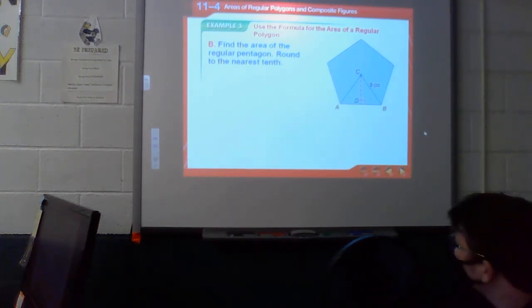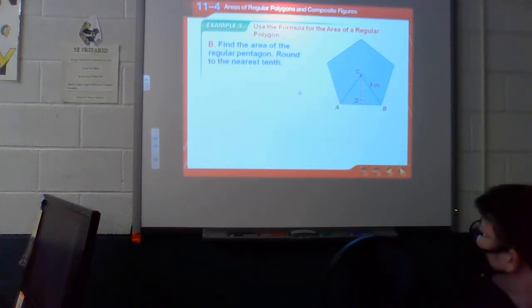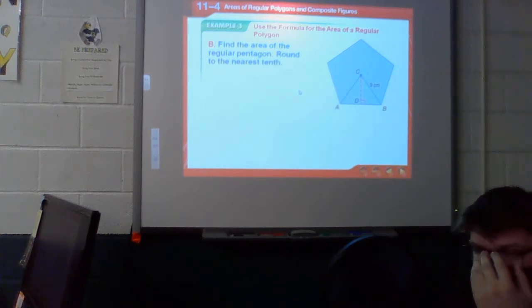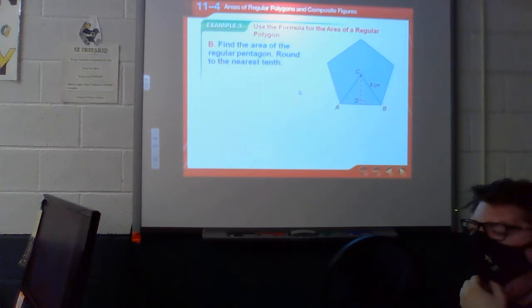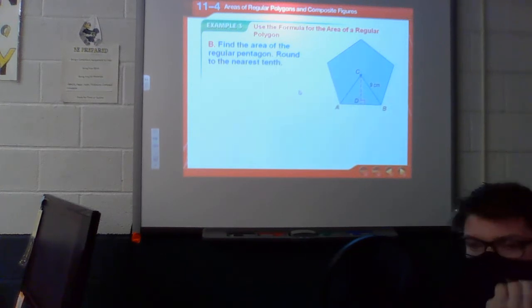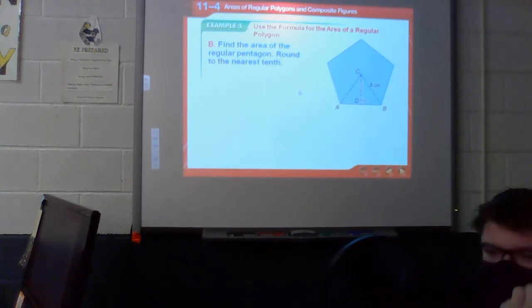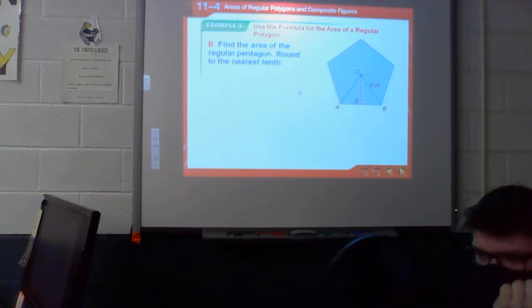What is this overall angle of C in this particular problem? How much is my central angle in a pentagon? 72. We already did that one, right? So when I draw that apothem, which is CD in this, what does that little angle C end up being? 36.